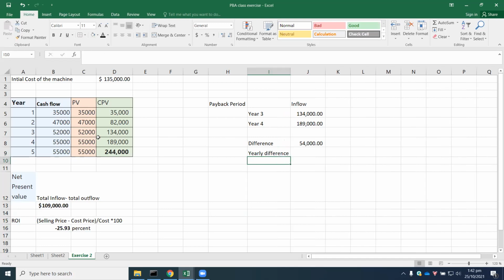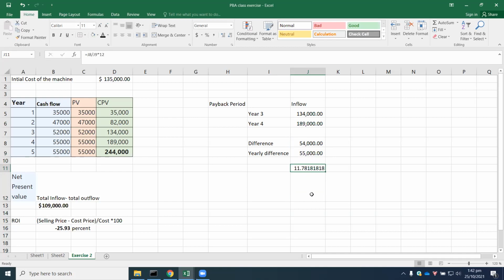So what is the yearly difference here? It equals 189,000 minus 134,000, and the value that you get is $55,000. So to find out the value in terms of months, it's $54,000 divided by $55,000 multiplied by 12.